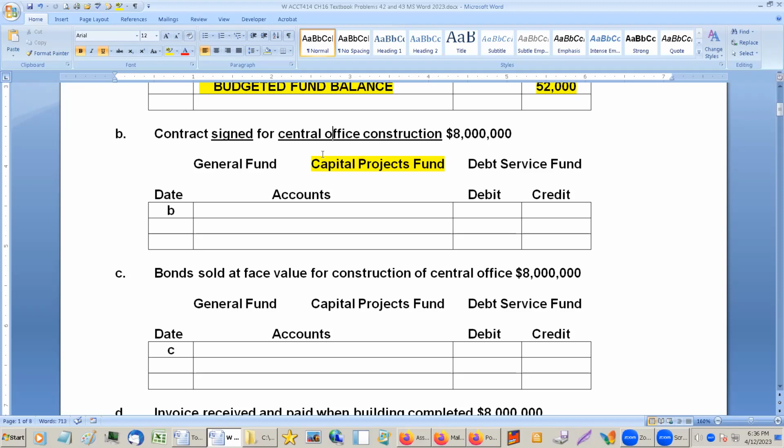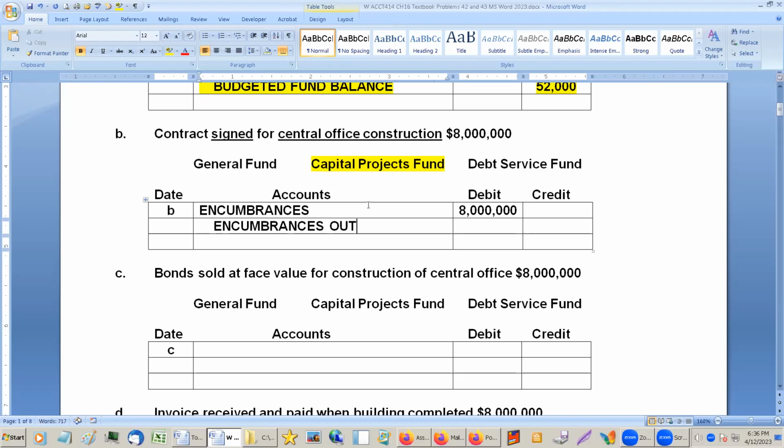So what kind of accounts are we going to use? Encumbrance, right? Yep. We're going to put our hand on the money. $8 million, encumbrances outstanding. And again, these are just budget accounts. They are not on any financial statement. But what they do tell is people don't spend this money. It's already spent.